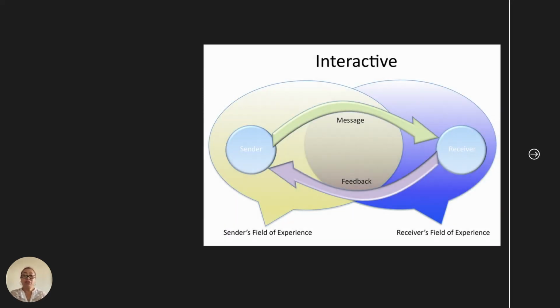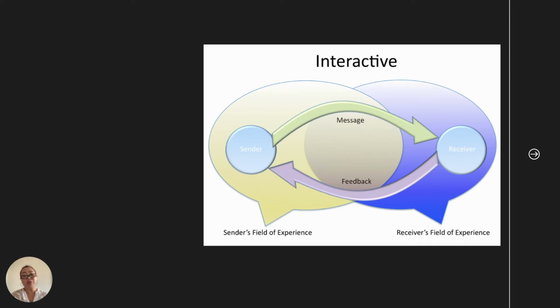The final feature of this model is the field of experience. The field of experience refers to how environment, experiences, culture, and even heredity can influence how a sender constructs a message. Each person brings a unique field of experience to an interaction.